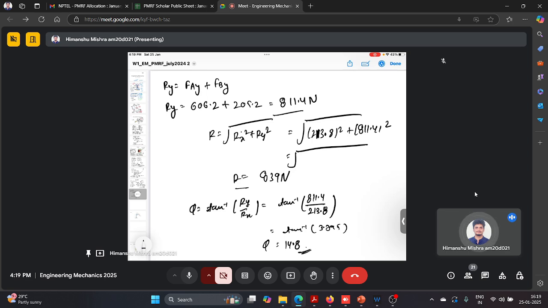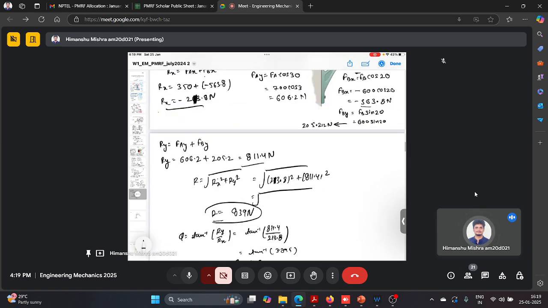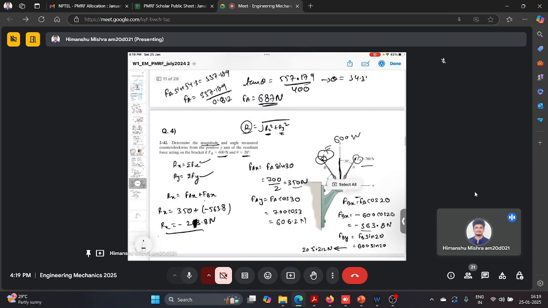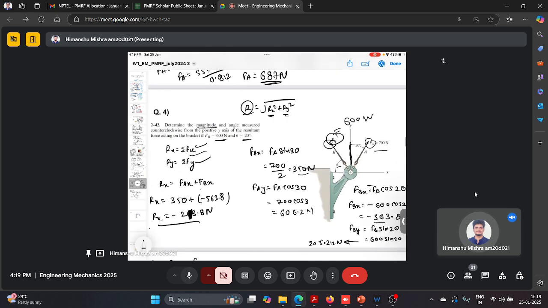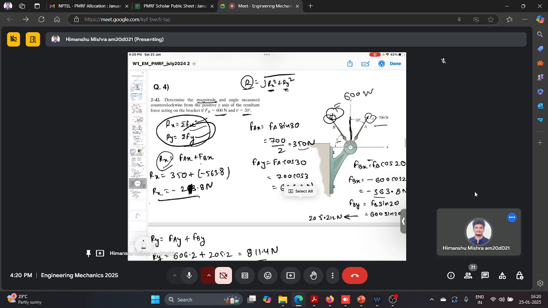So this is the phi, and this is the magnitude of the resultant vector, which is 839 Newton. So it is a pretty straightforward problem, because first we calculated all the components of force in x and y direction, and then we directly substituted in this equation to calculate Rx and Ry, and then we used this expression to calculate the magnitude. So any doubt in this question?